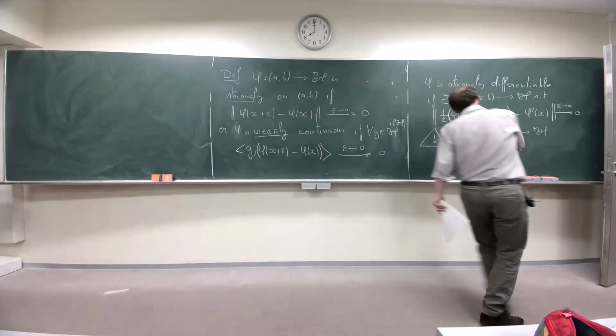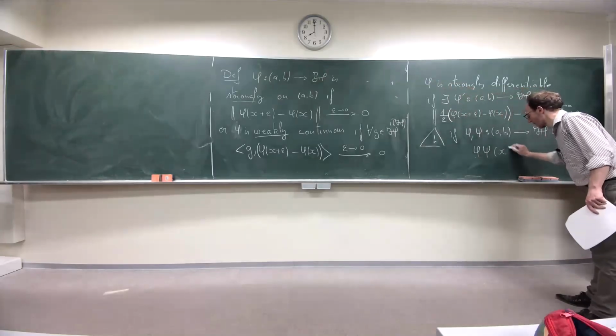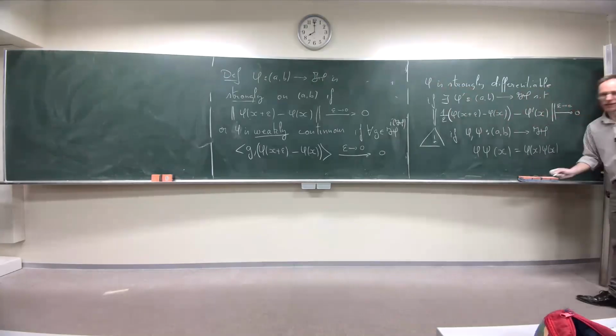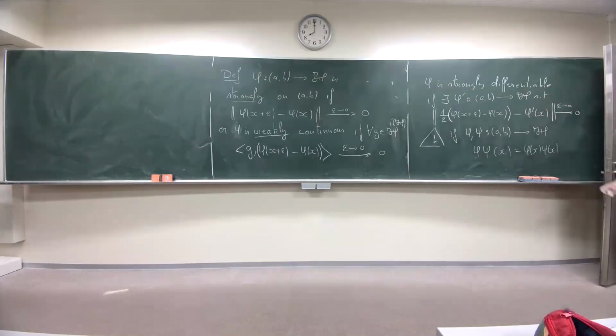If I can give a meaning to this, it means when I evaluate it at X, it should be equal to phi of X times psi of X. This would be the natural definition of a product. What is this? This is an element of H. This is an element of H. Can you multiply two elements of H?